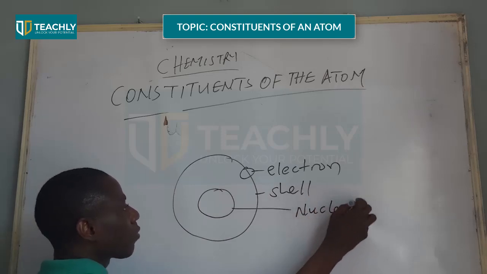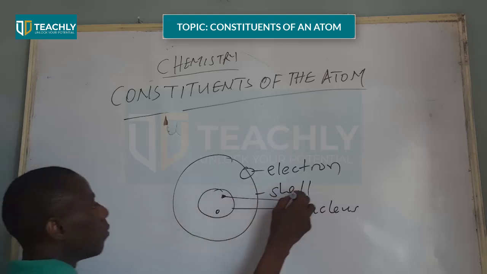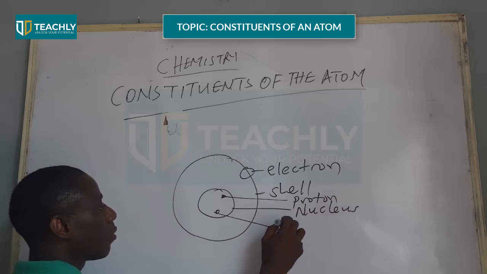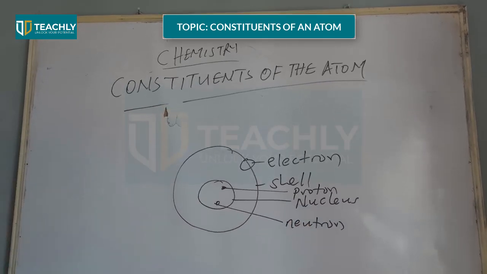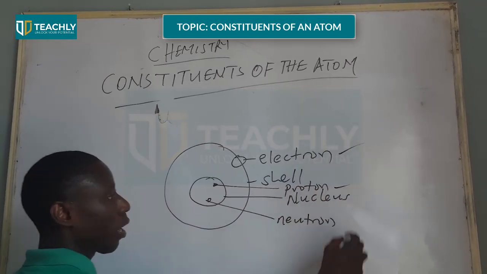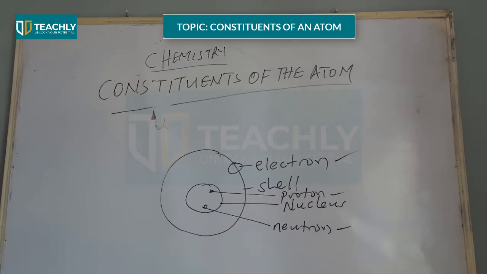What are the particles you can find in the nucleus? There are two: we have proton, and then we have neutron. So these three particles, electron, proton, and neutron, are the three particles of an atom.